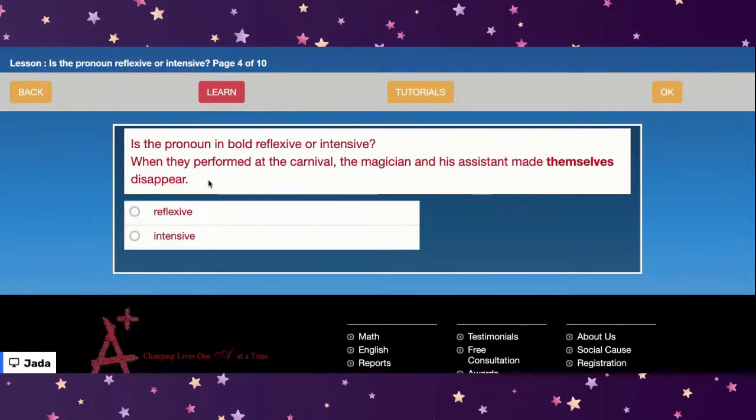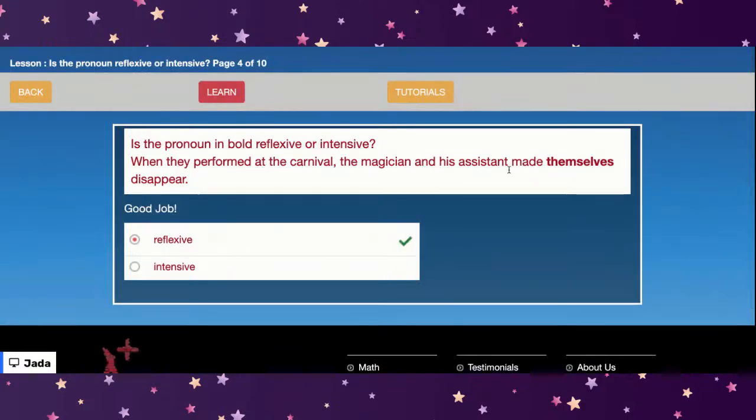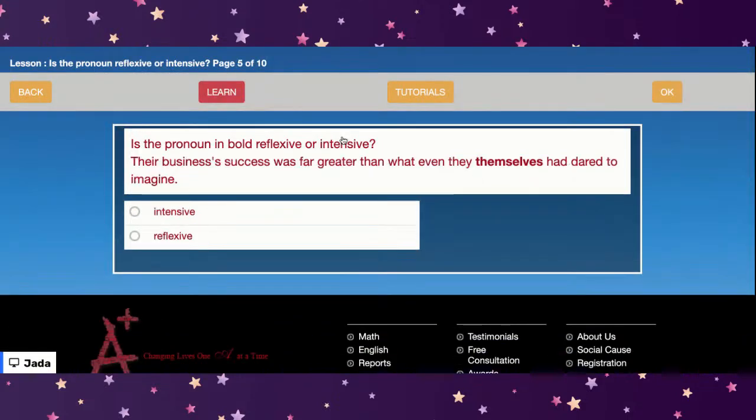When they performed at the carnival, the magician and his assistant made themselves disappear. Okay, so what will be the right answer here? So if you click on reflexive and it's not correct, you will see the correction. But reflexive is the correct answer here.